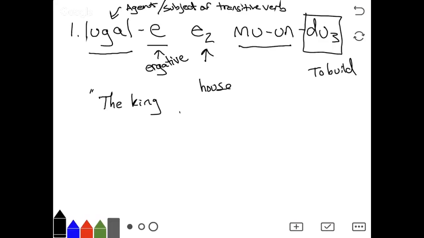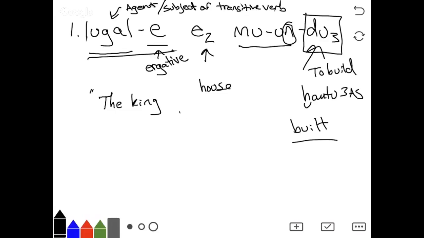Well, we have an N before the verbal base, and particularly in this lesson, the N before the verbal base means third person animate singular. So he built. So then we would say the king, ergative, subject of the sentence, built.